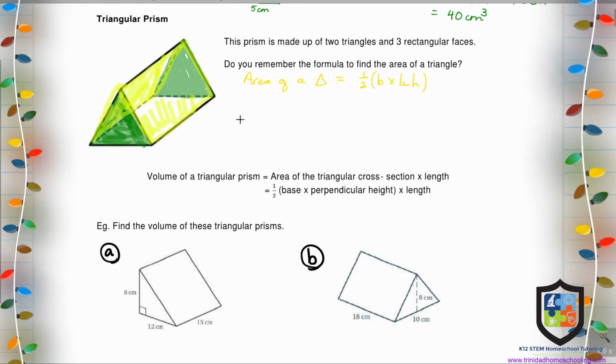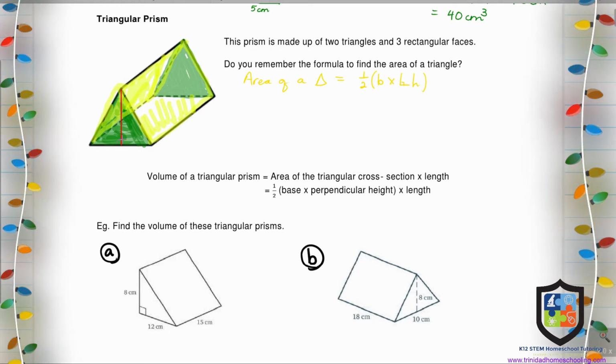Okay, so here let's label our perpendicular height of this triangle. Now remember, we said in the last lesson that the perpendicular height must be perpendicular to the base of your triangle. Okay, so this here is my height. My base is this.